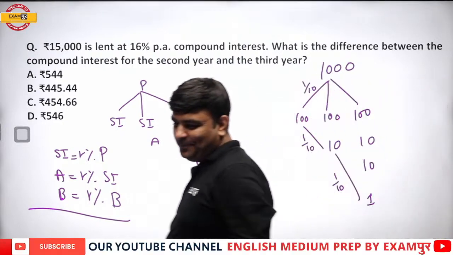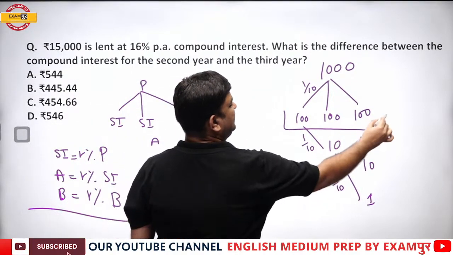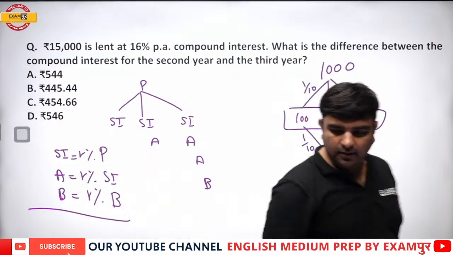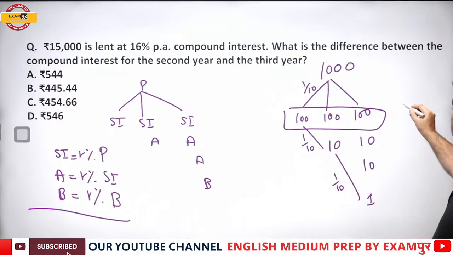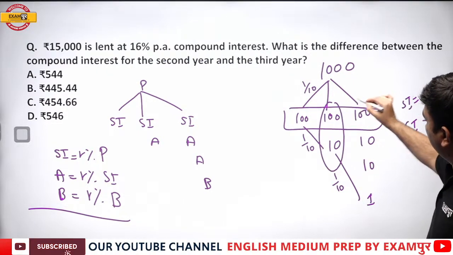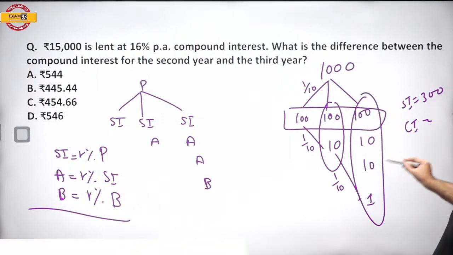Wow. So that is why SI is 300 and CI is 331.